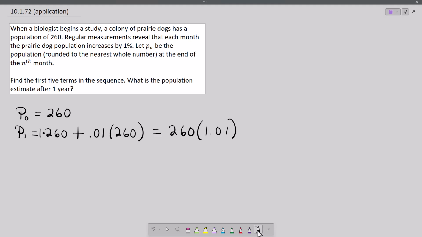Okay, P sub 2 is going to be P sub 1, the new population, but then we have to bump it by 1%, so plus 0.01 multiplied by that.